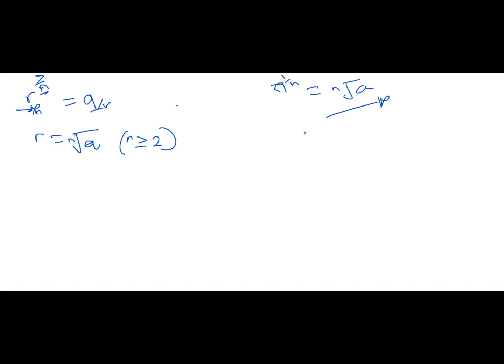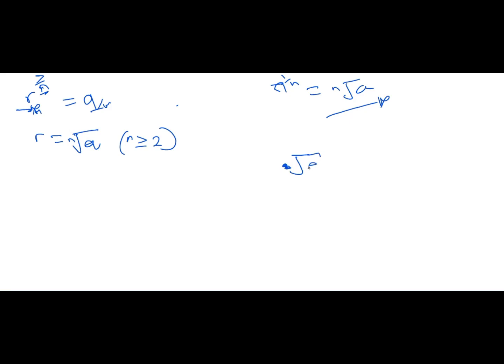Remember, if we have the root of a with index 2, we don't write the 2, but in maths, maths is something very special actually, so that's why we don't always write everything.